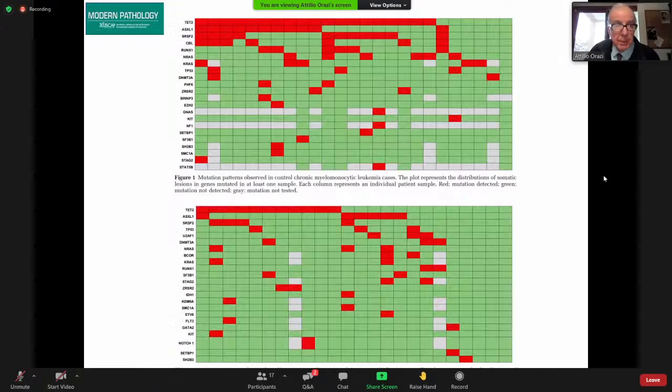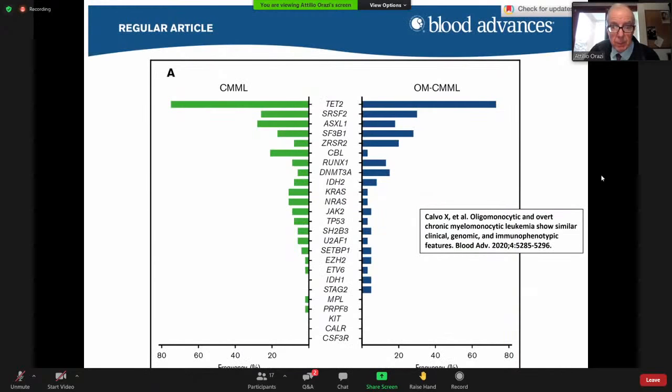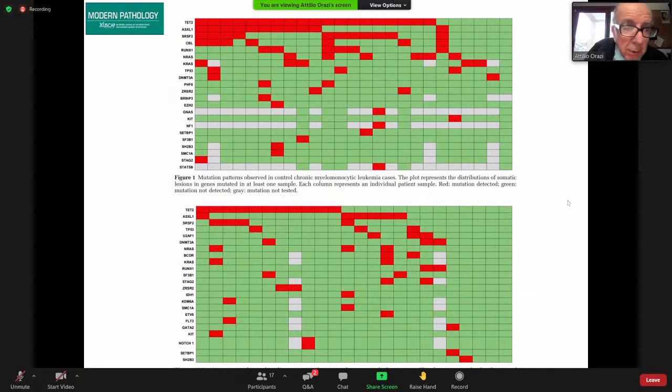So what happened is, these were the molecular results in our study. Now, I don't have time to go into detail, but it was very similar. These were the control cases at the top. These were the cases of oligomonocytic CMML, and you can see they had very, very similar frequency of mutation. So very, very similar maps, if you wish.